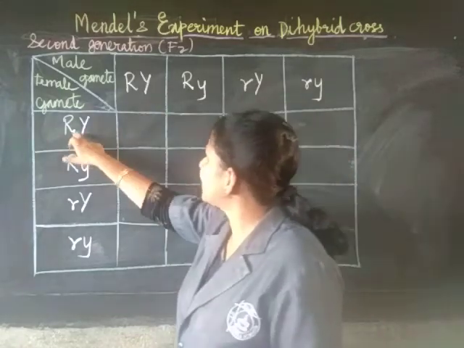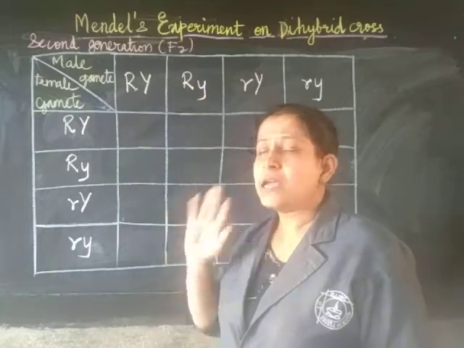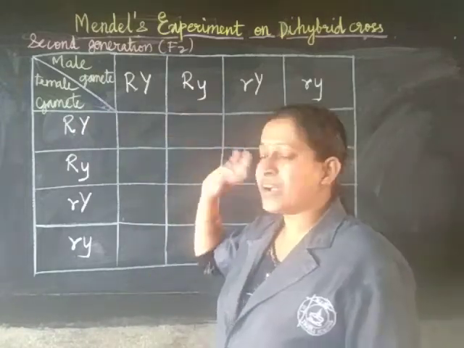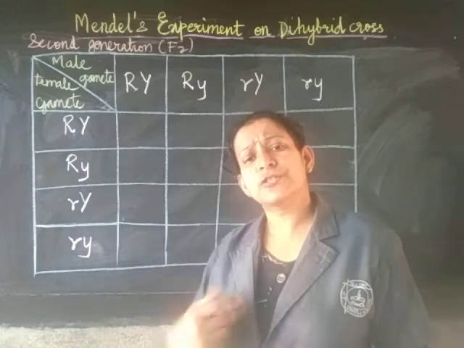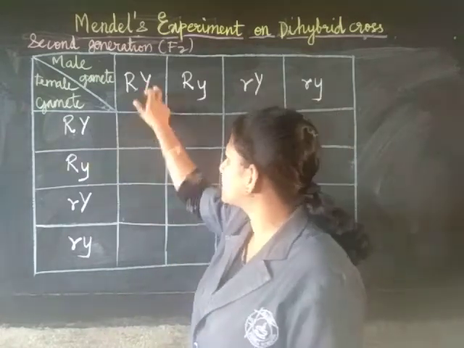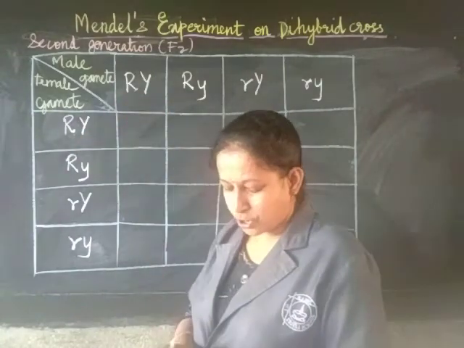So here R you will write first and then Y everywhere. Here we will write R and Y together. It may be capital R, capital Y, or small r, small y. Now in this box, what will come? You have to just cross and see what combination you will get.